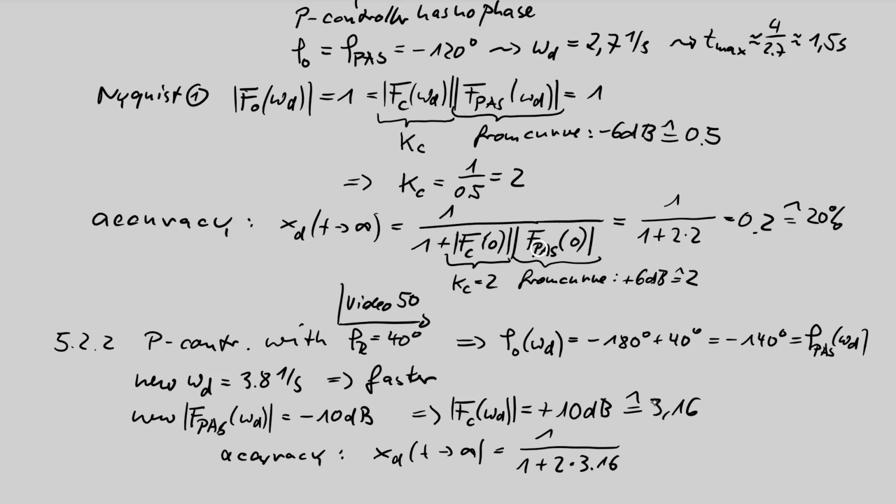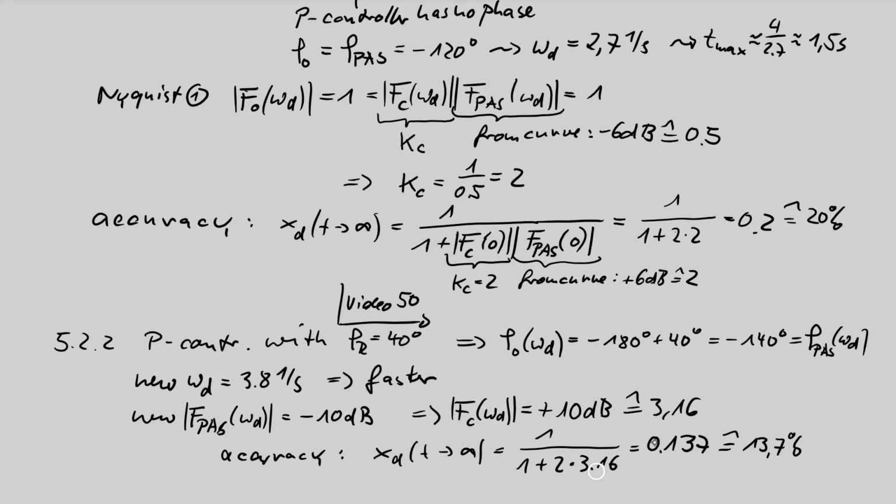Note here, this value is larger, so my error is smaller, and the final value is 0.137. So this is equivalent to a control error of 13.7%. I'm a little bit more accurate. You see, the gain is increasing. That means that our 20% error is decreased to 13.7%.